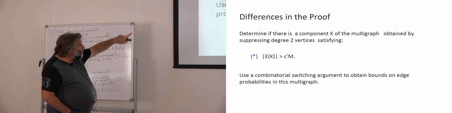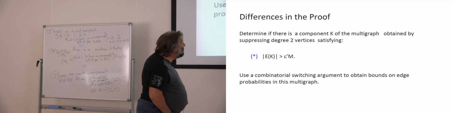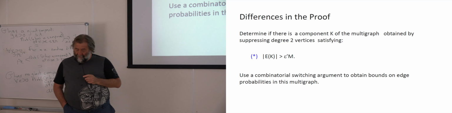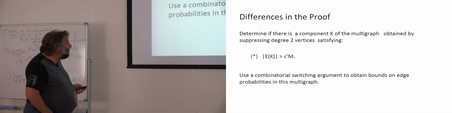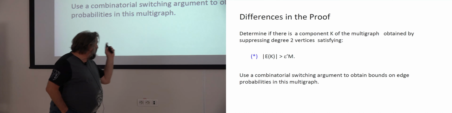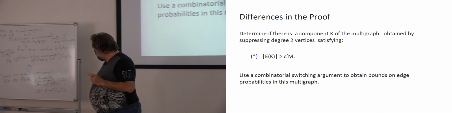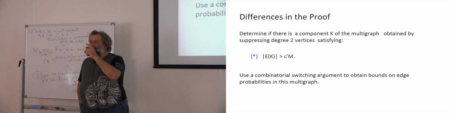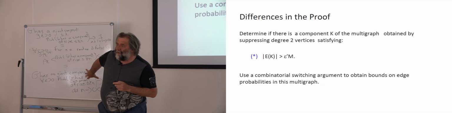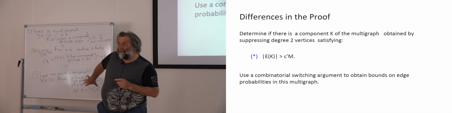And we want to know whether we've got a component in there which has an epsilon proportion of the edges. So we go to edges, not vertices. And we're using the combinatorial switching argument to obtain bounds on edge probabilities in this multigraph. It's exactly the combinatorial switching argument that Colin talked about and that I showed you when you make a Hamilton cycle from a 2-factor.